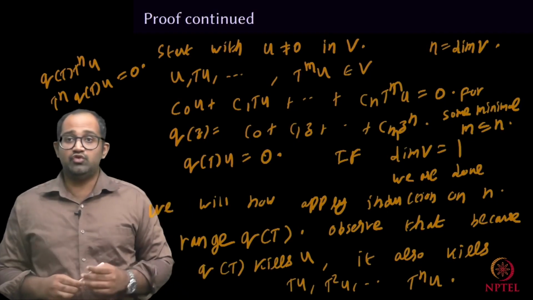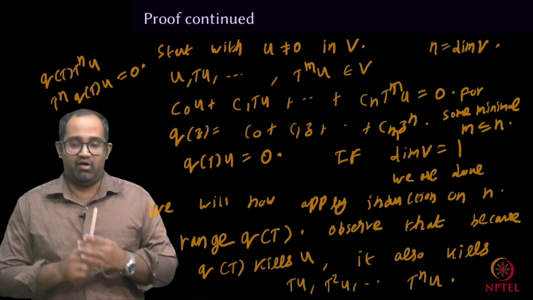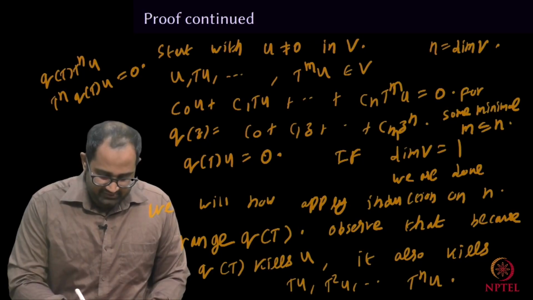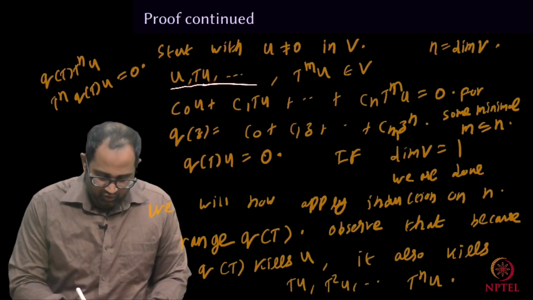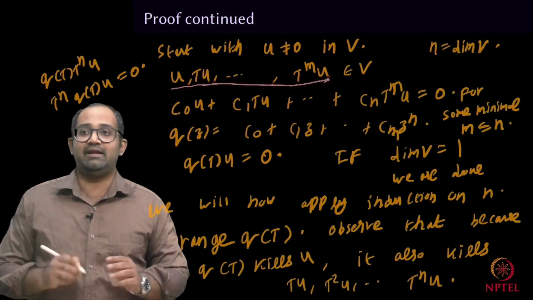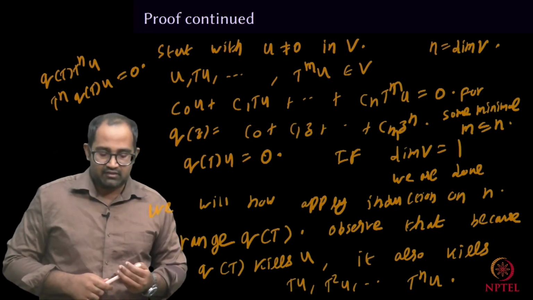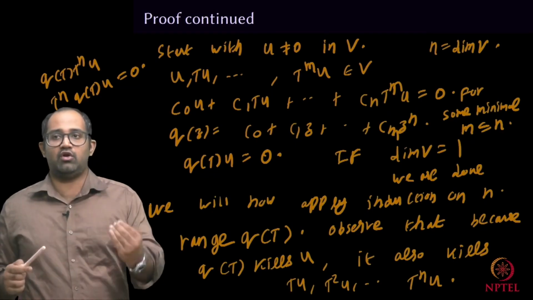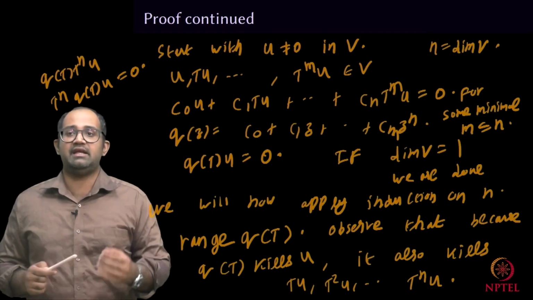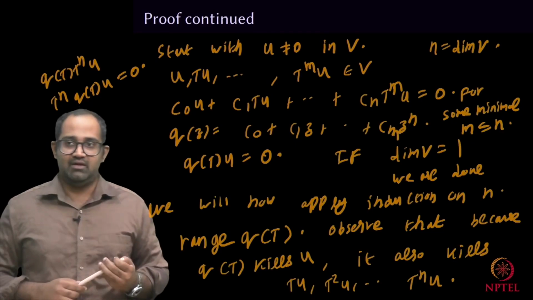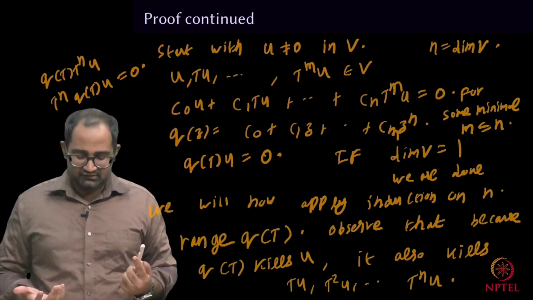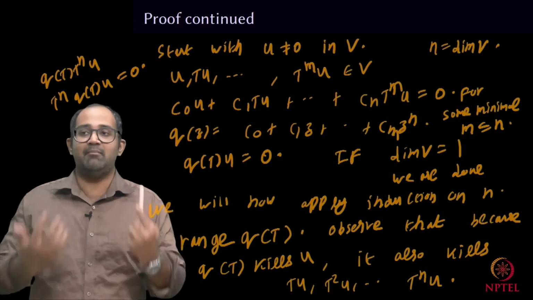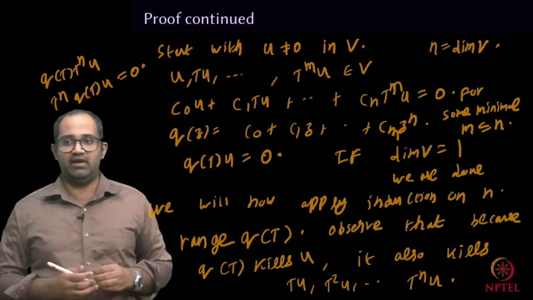That is, choose the lowest number possible such that when you take the list u, tu, up to t power mu, you get a linear relation. That is, the smallest m such that the list of vectors u, tu, up to t power mu is linearly dependent. Choose that m. What we have really shown is there exists an m and this m is less than or equal to n.